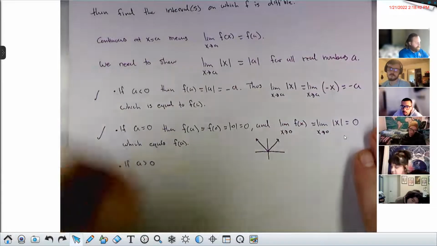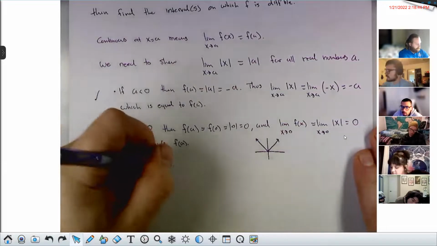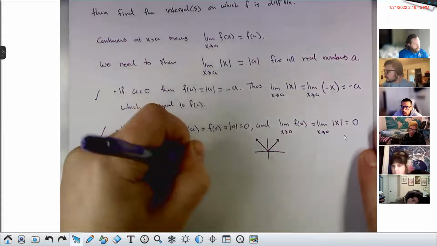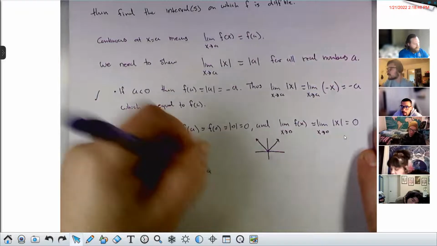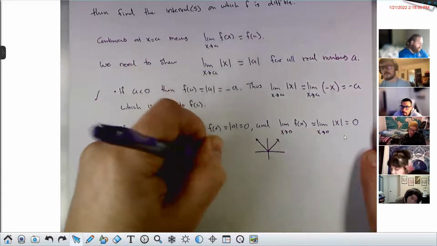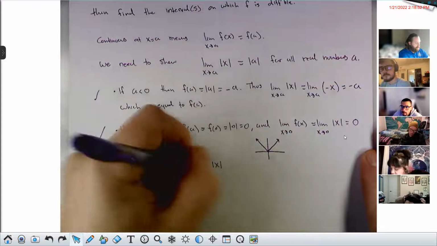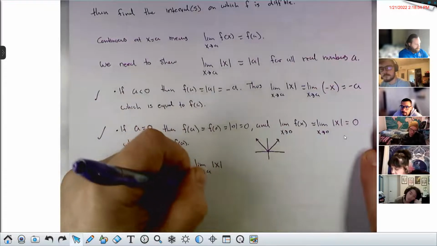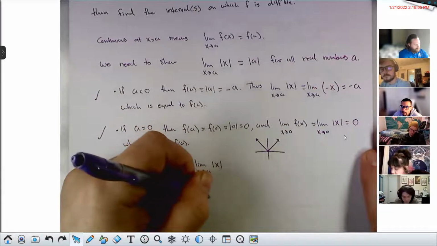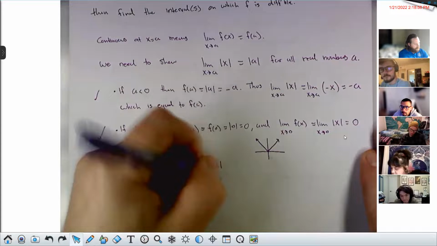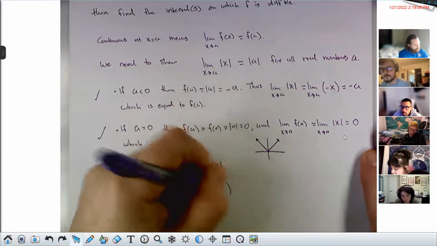And then if a is positive, then the limit as x approaches a of the absolute value of x is the limit as x approaches a of x itself, right?